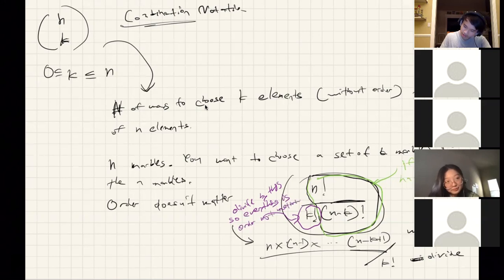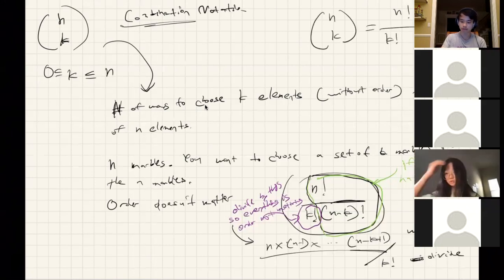Essentially the formula has two components: the component that counts what we want if order mattered, and then we divide by k factorial so that everything is counted exactly once instead of k factorial times. So that's combination notation: n choose k equals n factorial over k factorial times n minus k factorial.